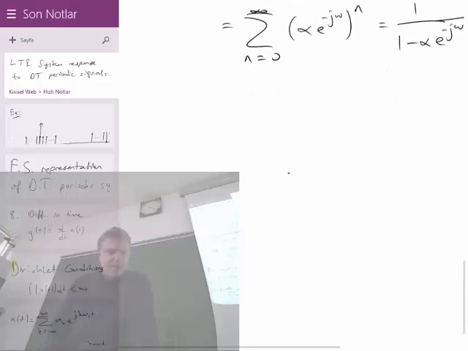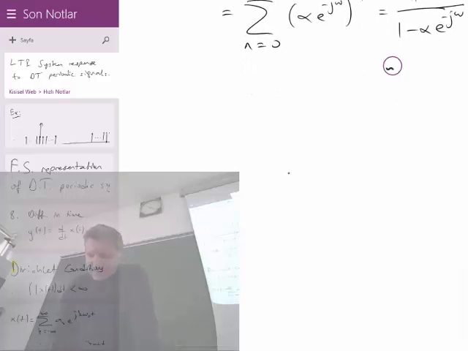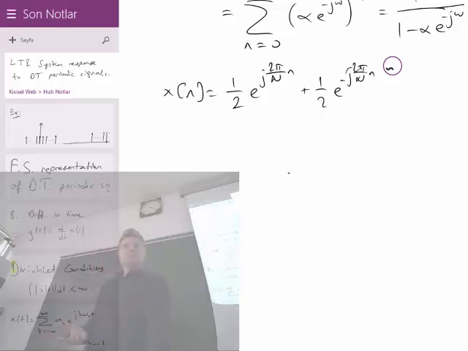And it's here. So now we can safely represent our x of n as 1 over 2 e to the j 2 pi over capital N plus 1 over 2 e to the minus j 2 pi over capital N. Right?